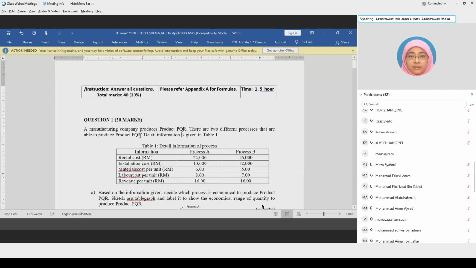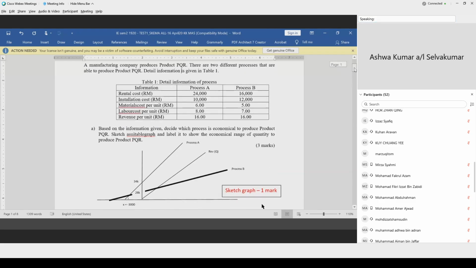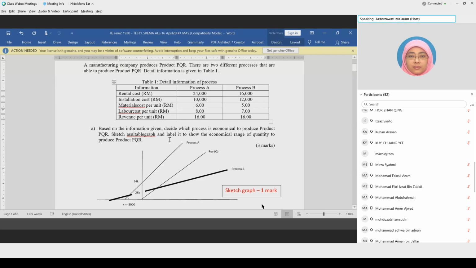A manufacturing company produces product PQR. There are two different processes that are able to produce product PQR, so we have process A and process B. We have a rental cost, an installation cost, a material cost per unit, a labor cost per unit, and revenue per unit.